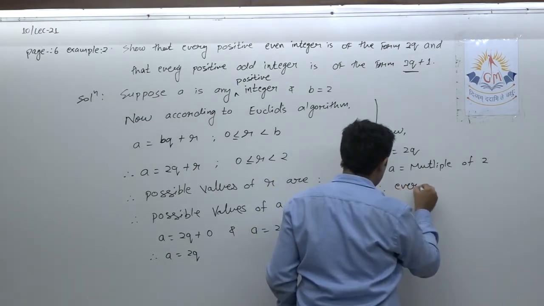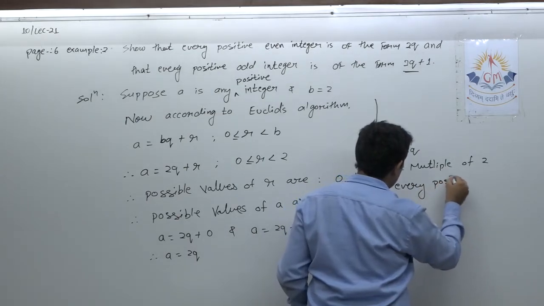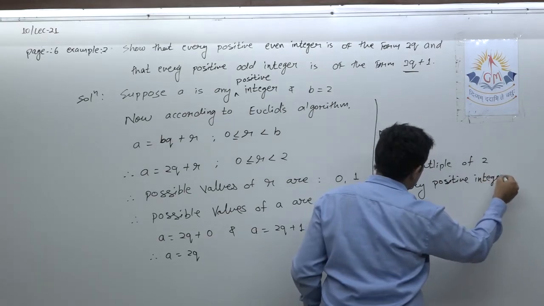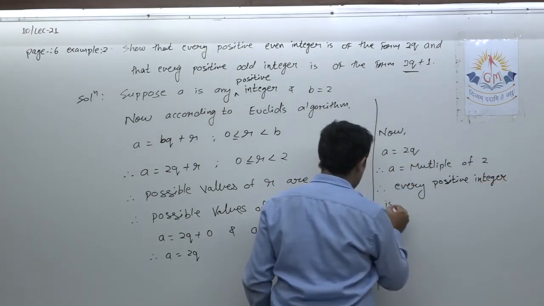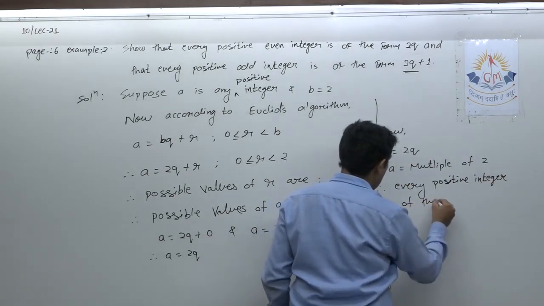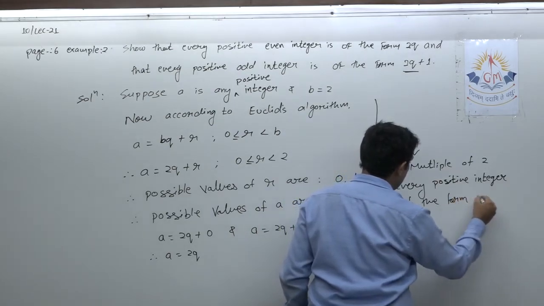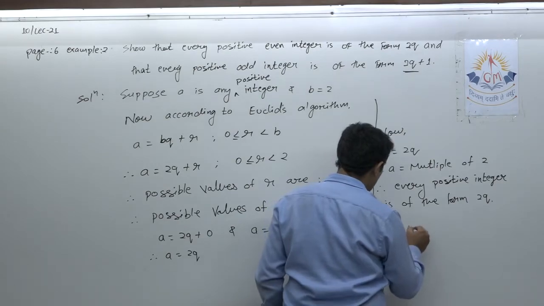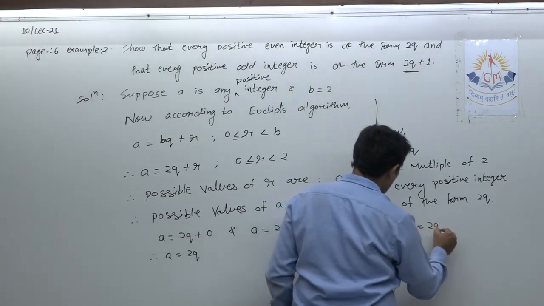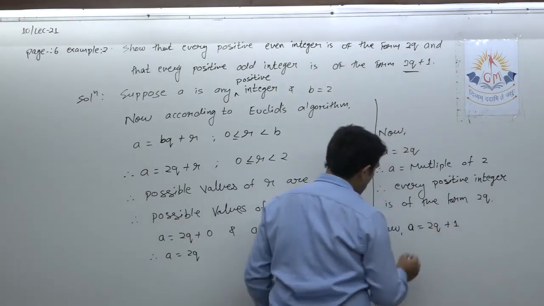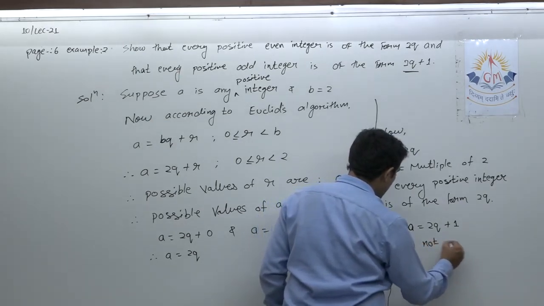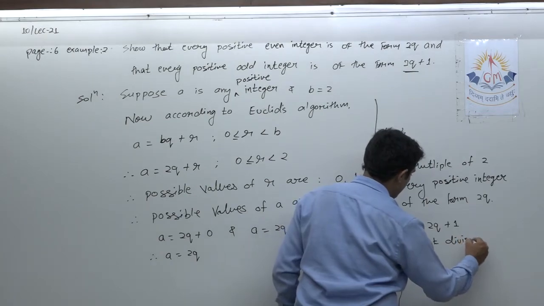So here I can say, therefore, every positive even integer is of the form 2q. Now when a is equal to 2q plus 1, therefore a is not divisible by 2, isn't it?